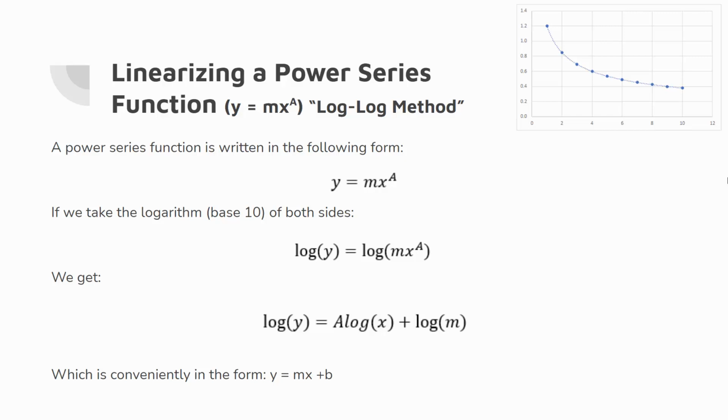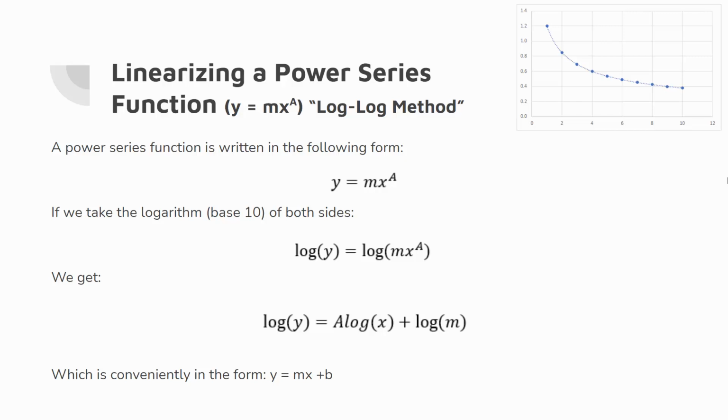If we take the log of both sides, the left side is just the log of y, which we can determine by typing it in our calculator or having Excel do it for us. But what's interesting is the right-hand side will end up becoming a times the log of x plus the log of m. And if you look at that, that's basically written in a form that is pretty similar to the linear equation, y equals mx plus b.